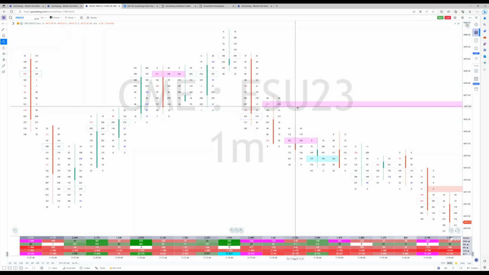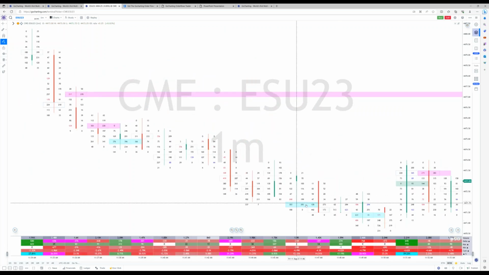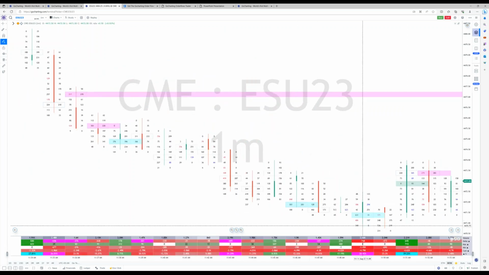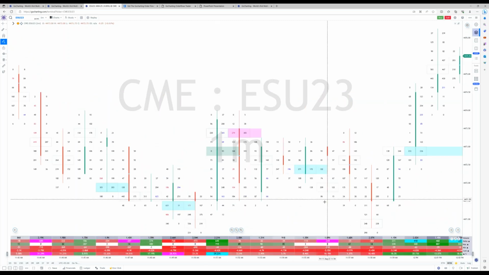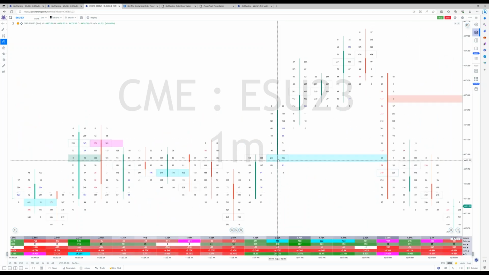Because it's telling me two things. One, I know this is now acting as my resistance. And two, the market is moving away from it. It's trading away from this resistance area. This one is traded back into. It trades right up towards it, even comes back up here. Okay, then I got a new one kicking off here. Market's going up.